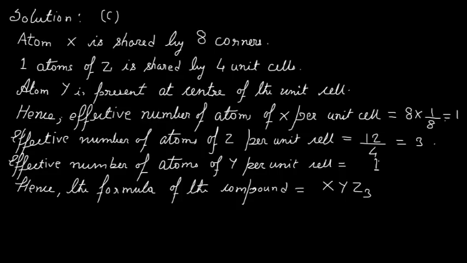The effective number of atoms of Z per unit cell is 12 upon 4, that is 3. The effective number of atoms of Y per unit cell is 1. Hence, the formula of the compound is XYZ3.